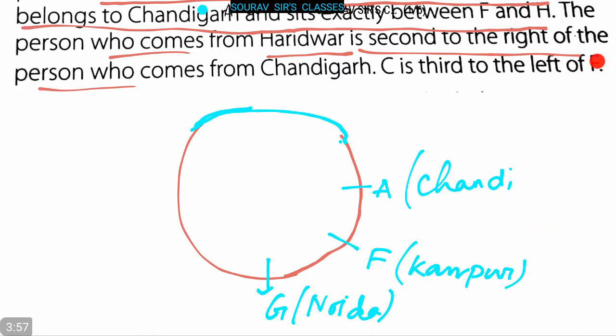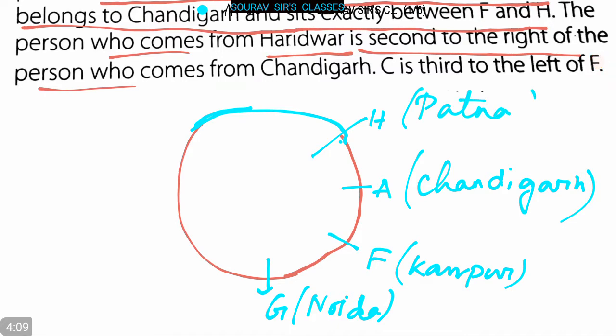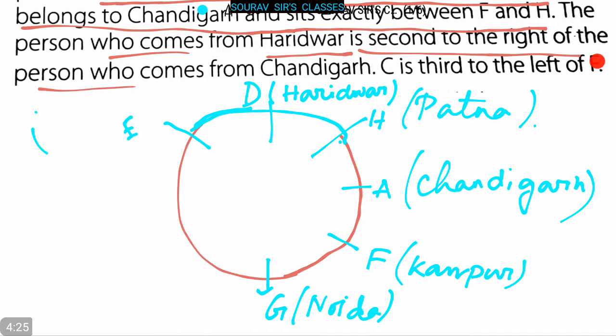In this position here is H who comes from Patna. Now in this position here is D who comes from Haridwar. In this position here is E who is from Kochi.